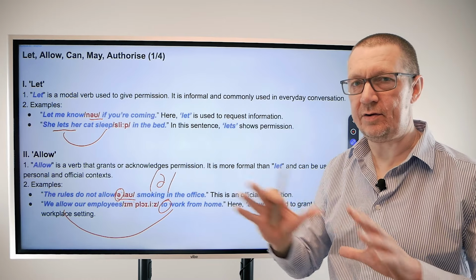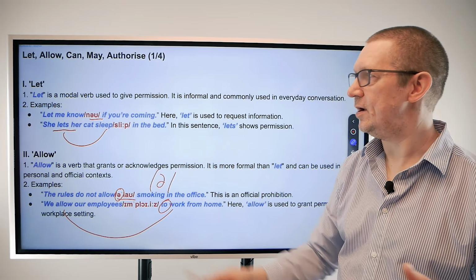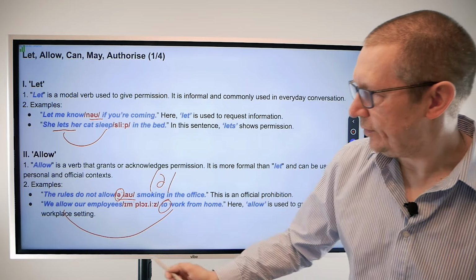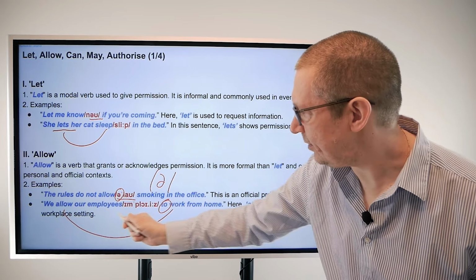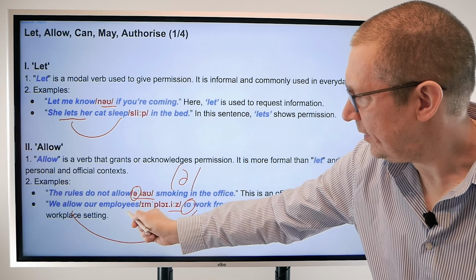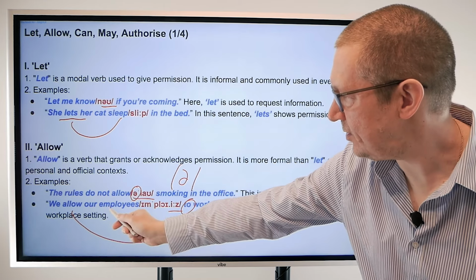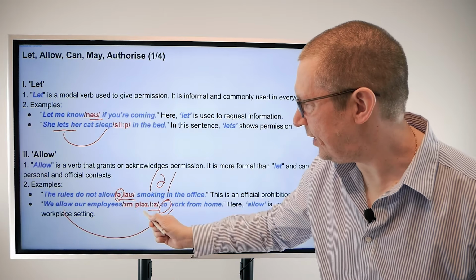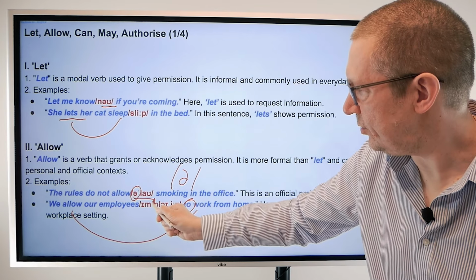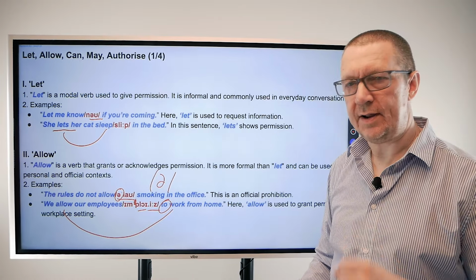This is how you can understand the difference between the usage of let and allow. Let's just have a look at this word employees. The E at the beginning gets that I sound, employees, employees, and there's your strength.